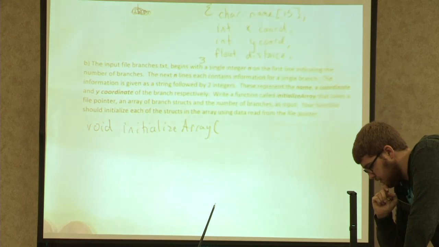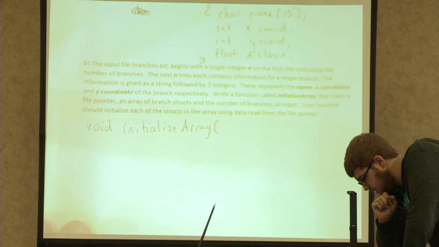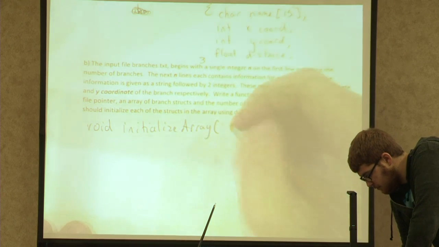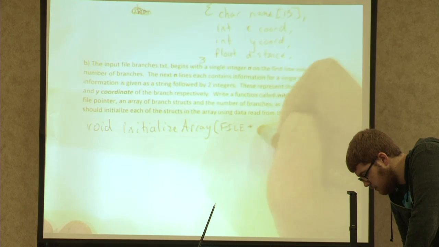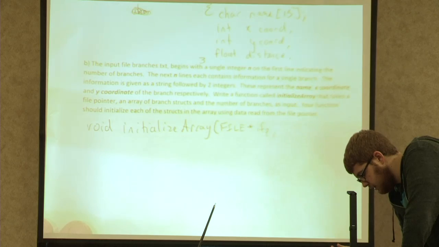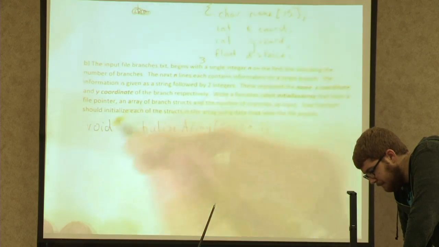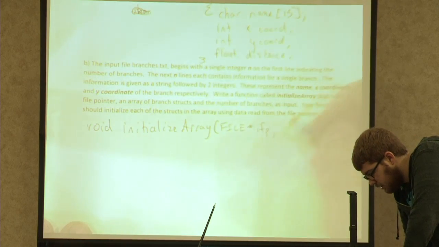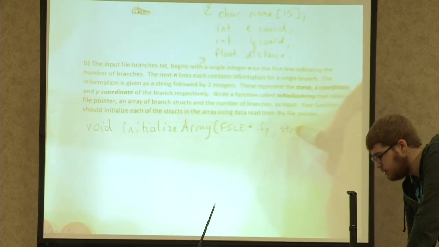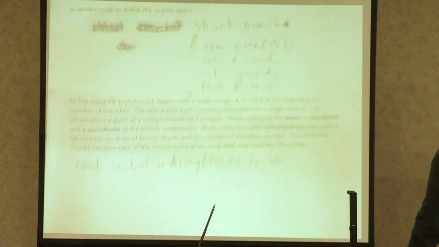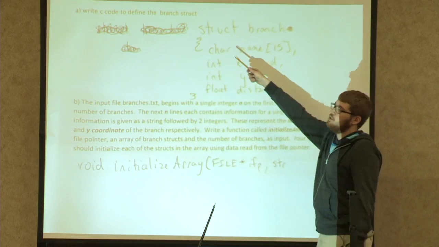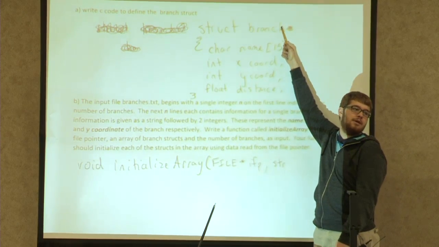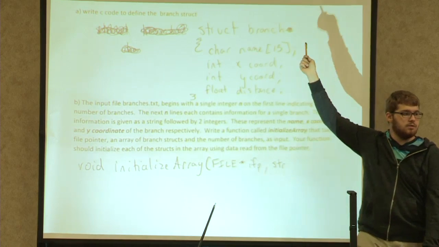Then she says for the parameters, it's going to be a file pointer, which I'm just going to call IFP because we're reading from it. An array of branch structs. Whenever you declare a struct, the type is struct, whatever you name it. So this one's called struct branch, so it's going to be struct branch.